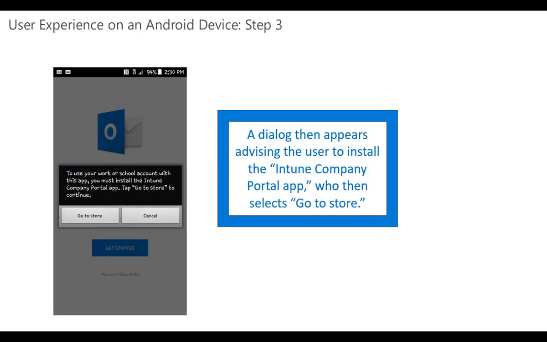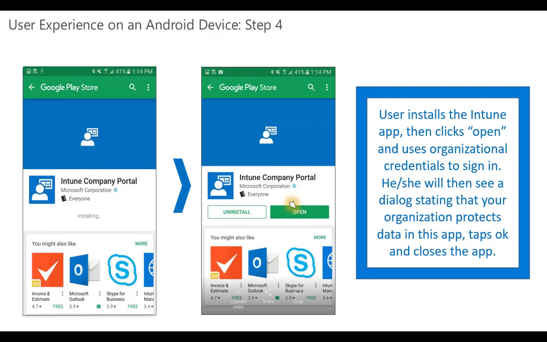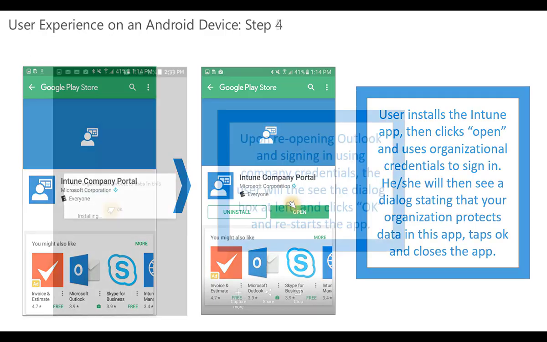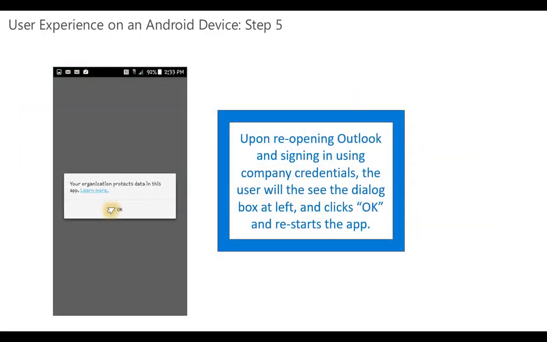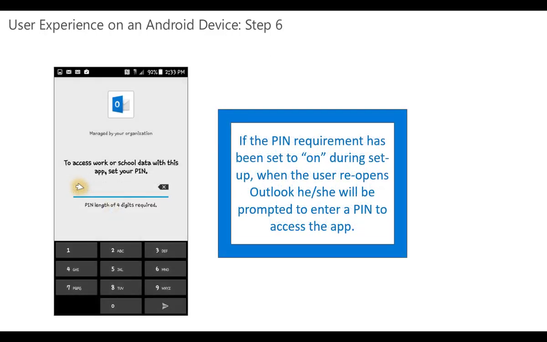They're then going to be asked to install the Intune app, so they need to go to the store, download and install that. This will enroll them in the device management for that environment, and they'll just need to reopen Outlook. Again, this will be stepped through.